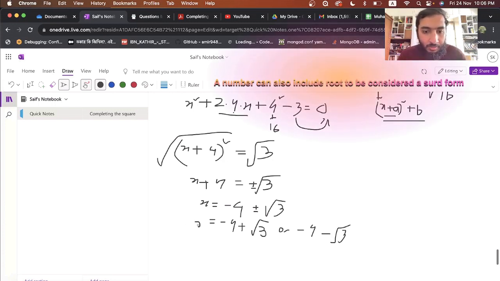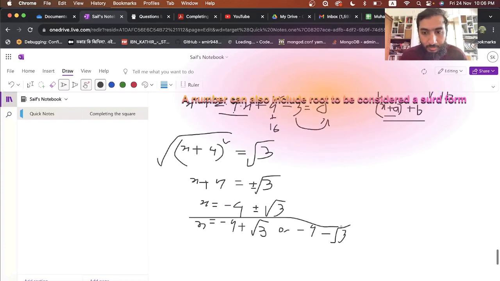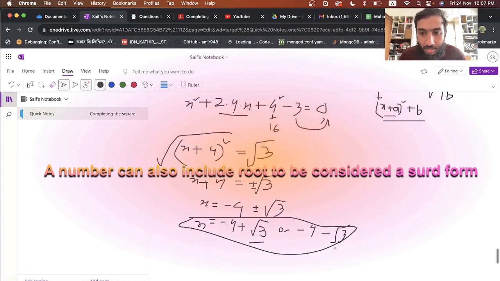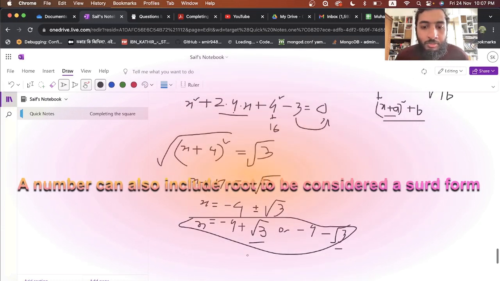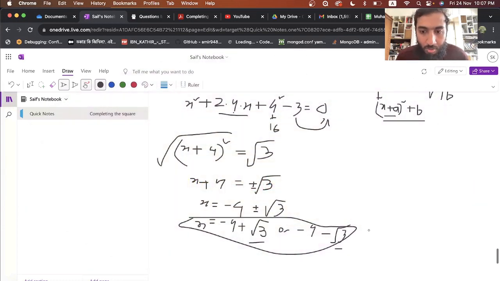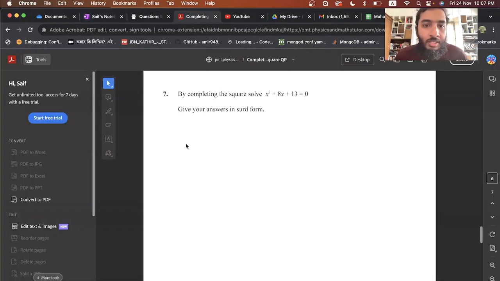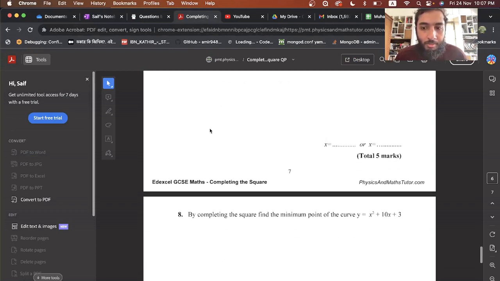So this is the value of x in surd form, because if it includes a root, this is a surd form. These are the answers in surd form. So this is how you solve problem number 7.